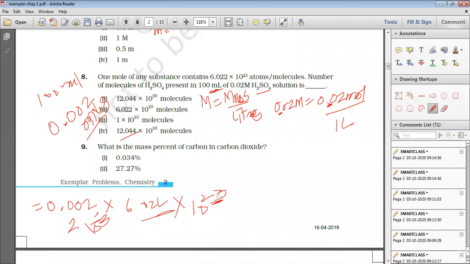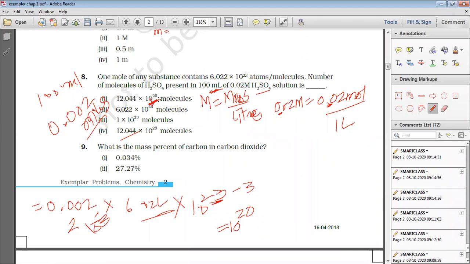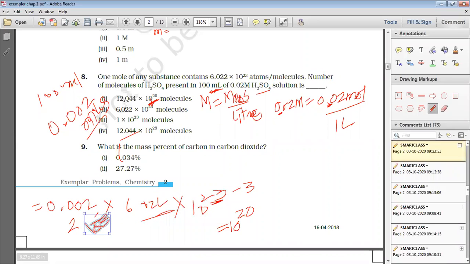So this 23 minus 3, if you write, it will give us 10 to the power 20. That you can see here in this option, that we have 10 to the power 20, and this 6.022 multiplied by 2 will give us 12.044. So your answer is option 1. Option 1 is going to be your answer.